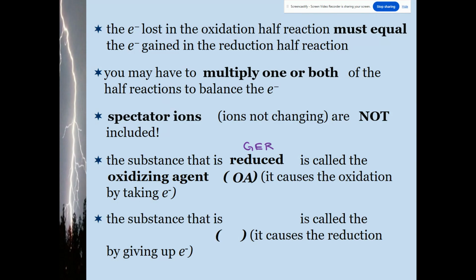In order to gain electrons, it has to take the electrons away from the other substance. So it's causing the other substance to lose electrons, to undergo oxidation. So that's why the reduced substance is called the oxidizing agent, and the oxidized substance is called the reducing agent.